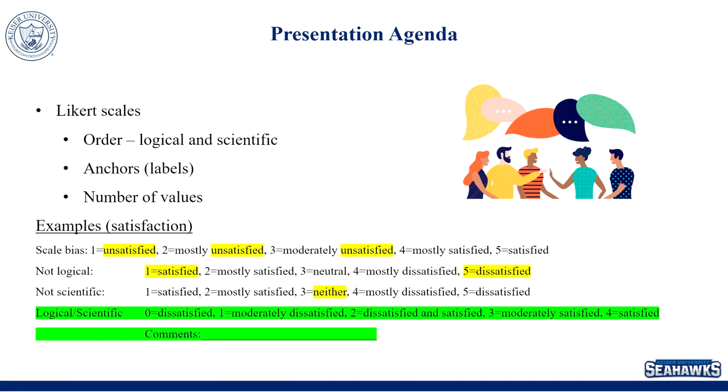Also, a scale can be designed where it's not scientific at all. And this may involve very much a trained eye to look for these things. So for example, in this case, it may sound appropriate to have 1 equals satisfied, 2 equals mostly satisfied, 3 equals neither, then mostly dissatisfied, and 5 equals dissatisfied. However, neither doesn't necessarily mean that it's in the middle.